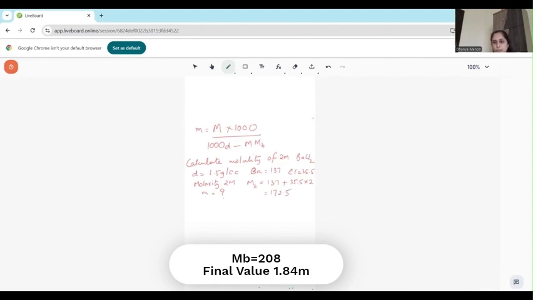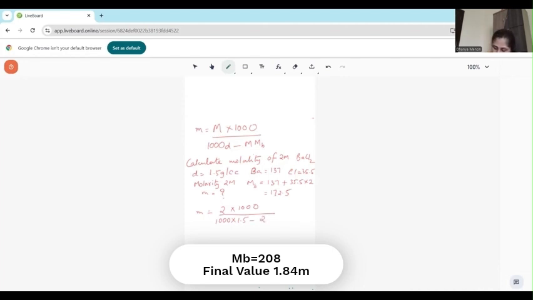So you have all the information now. You just have to substitute it. Molarity is 2, times 1000 over 1000 times d, which is given as 1.5, minus molarity again, 2 times 172.5.